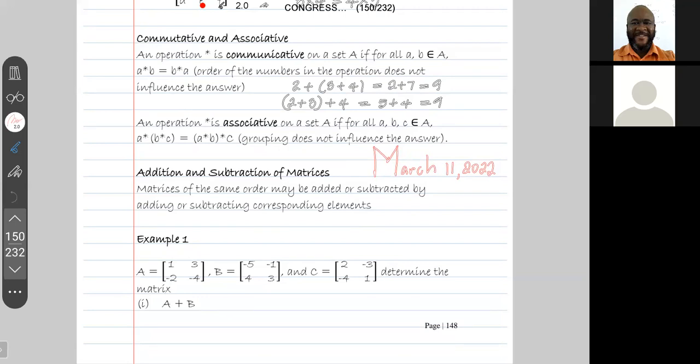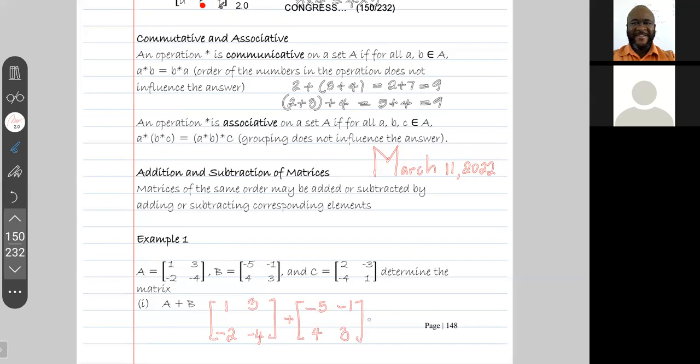We're to determine the matrix sum A plus B. All right, so we're adding the matrices A and B. A is 1, 3, minus 2, minus 4, plus B, which is minus 5, minus 1, 4, 3.